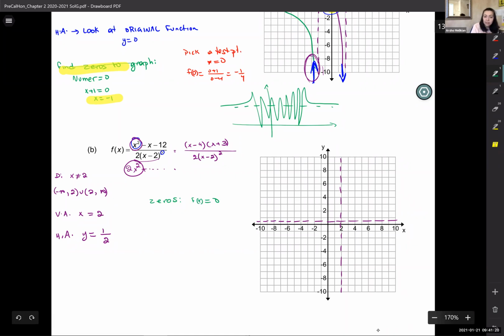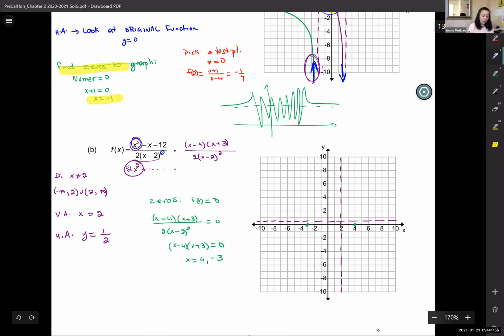Behind the scenes, it's f of x equal to 0, which means, you don't have to show all this, but when I set the entire function equal to 0 and you cross multiply, all that remains is the numerator equal to 0. That's why you could just skip all of that and just set the numerator equal to 0 and say the zeros are at 4 and negative 3.